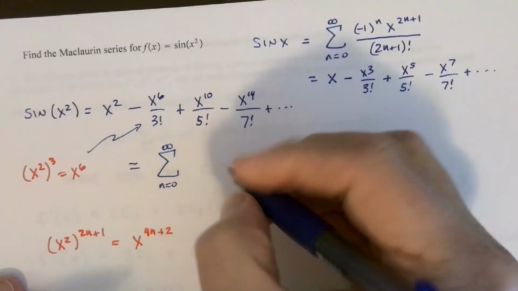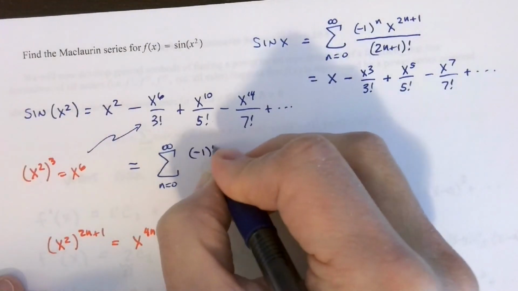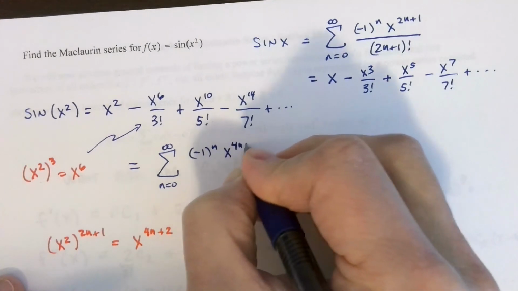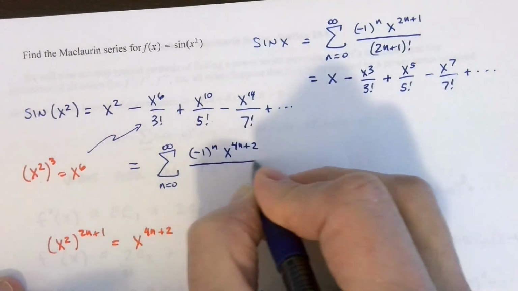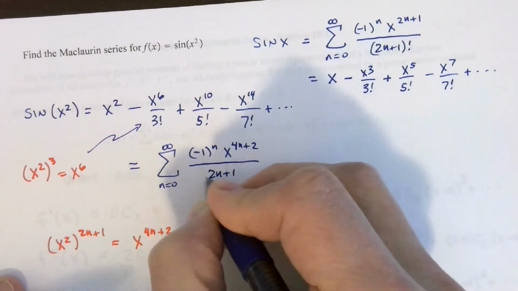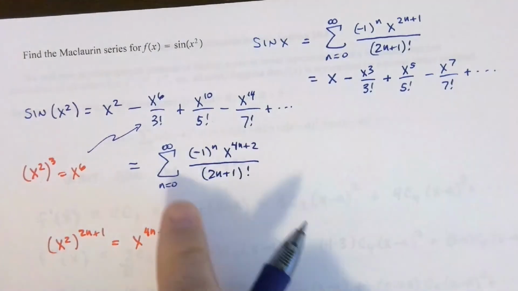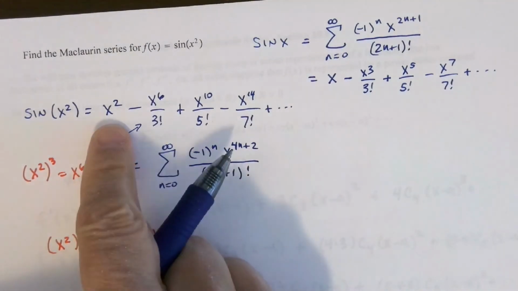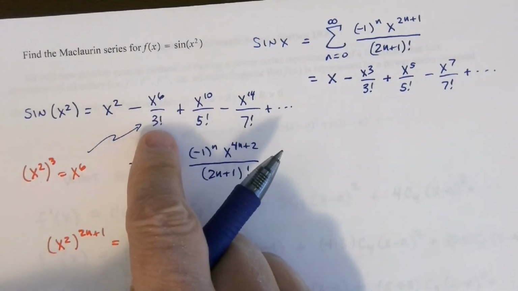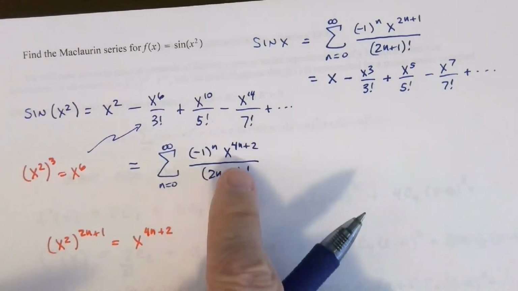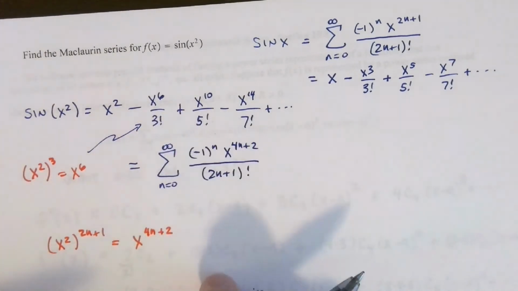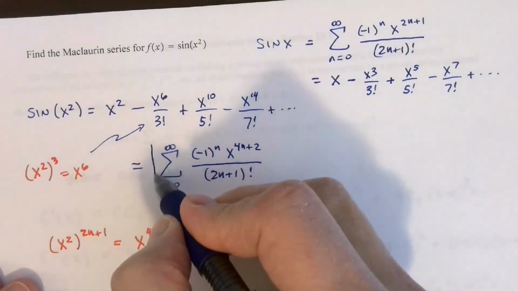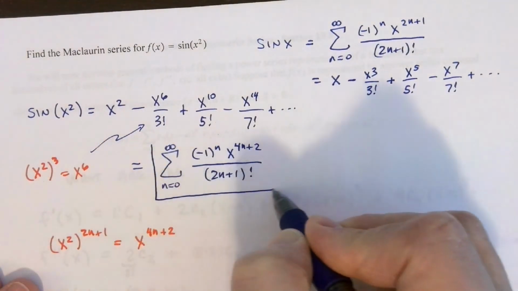It's negative 1 to the n, x to the 4n plus 2 all over 2n plus 1 factorial. And if you let n equal 0 in this formula, you get x squared. When n is 1, you get x to the 6th over 3 factorial. When n is 2, I get x to the 10th over 5 factorial. When n is 3, I get that term. Okay. So there is the Maclaurin series for sine of x squared.